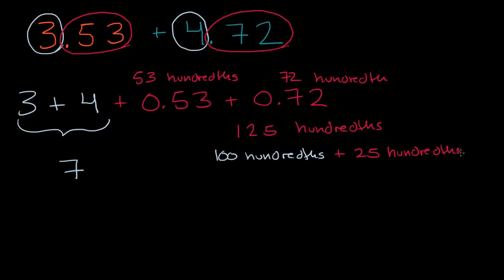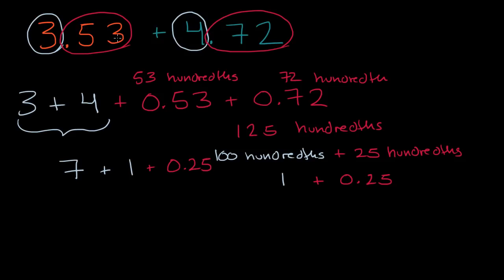And so 100 hundredths is just going to be 1. So this is going to be 1 plus 25 hundredths. So I could write this 1 plus 0.25. And remember, I'm adding that to the 7 here. So it's going to be 7 plus the 1 plus the 25 hundredths.